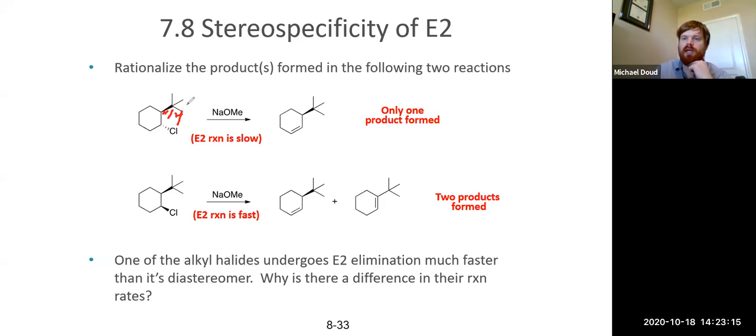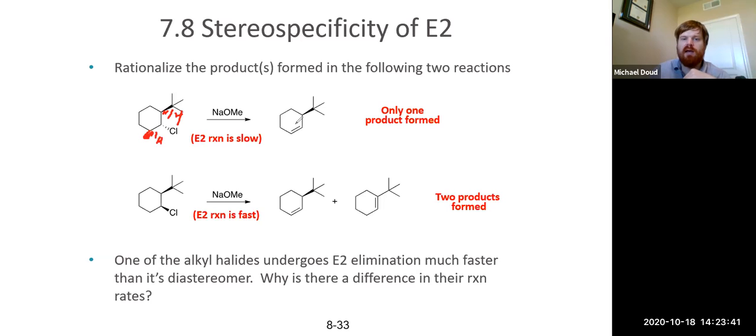They can't be coplanar, and so they cannot form the anti-coplanar relationship that they need in order to go into the transition state to be active for E2 elimination. So that can't happen. Now you can get this one over here where you have an H down, an H up, and an H down.